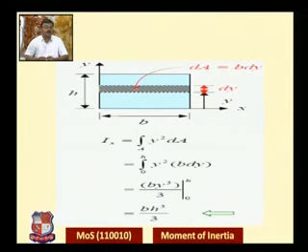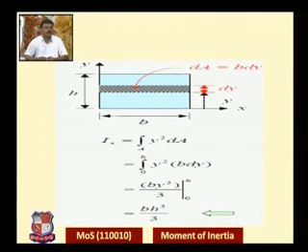Now the first principle of the moment of inertia, that is area into square of the distance, gives us the value of MI. So for this particular elemental strip, the moment of inertia would be y square dA.